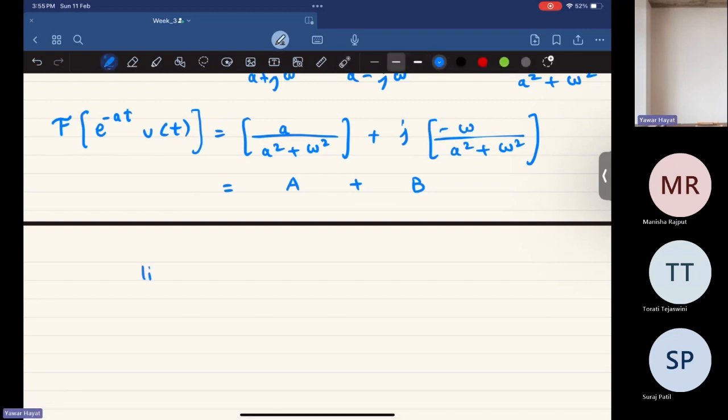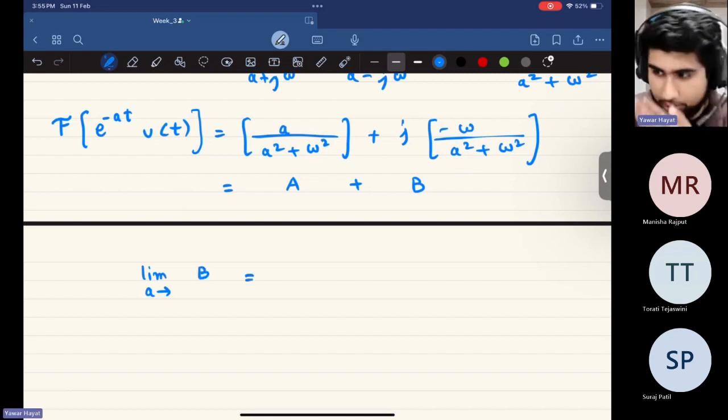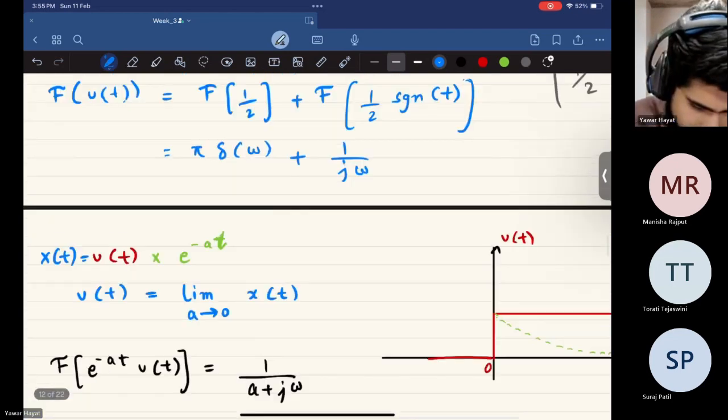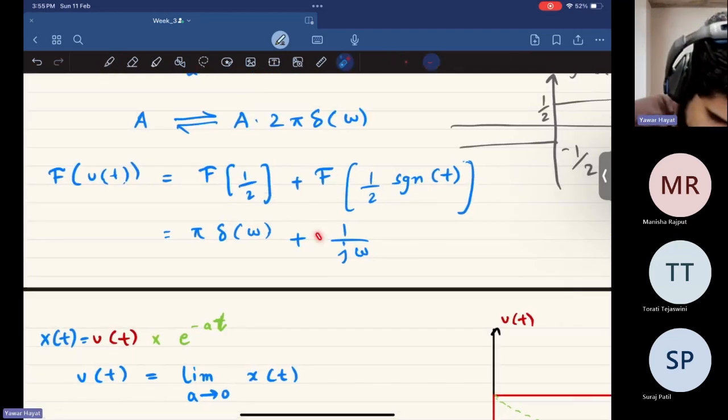You all agree that this small a tends to 0. The capital B expression would tend to precisely this.